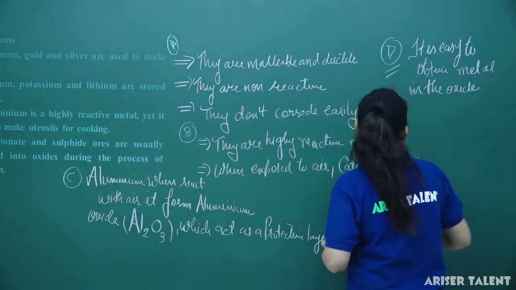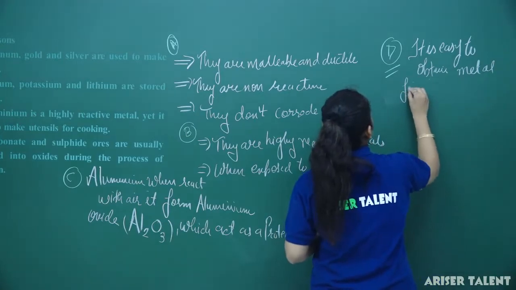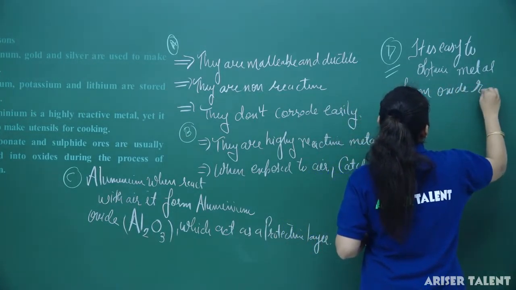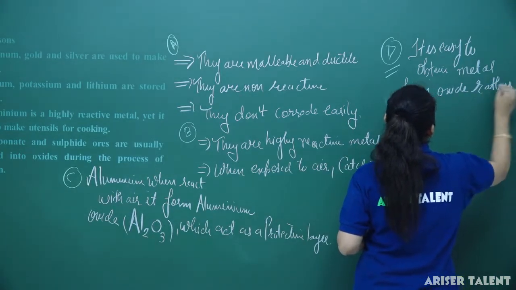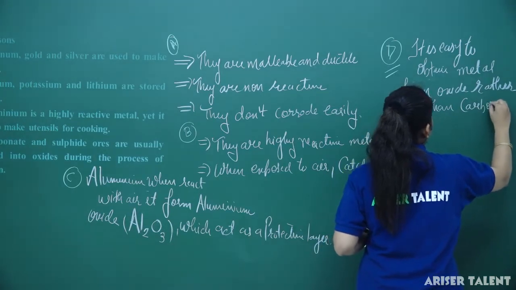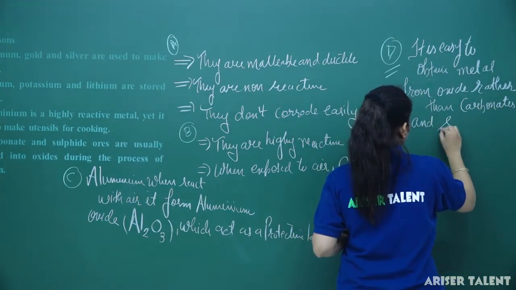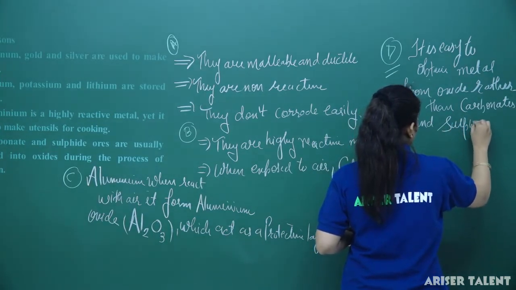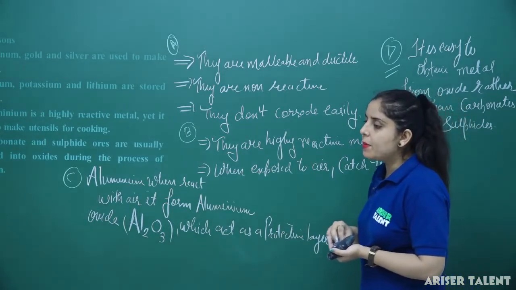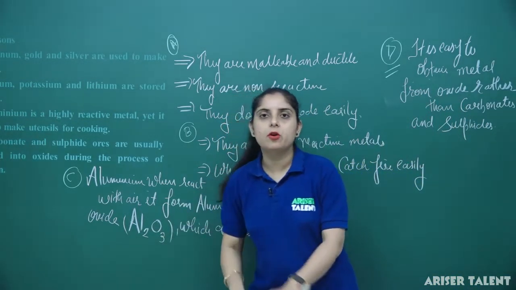It is easy to obtain metal from its oxide rather than carbonates and sulfides. Clear? That's why we are using the oxides of the metal to extract the metal from it. So these are the solutions here, just copy it from here.